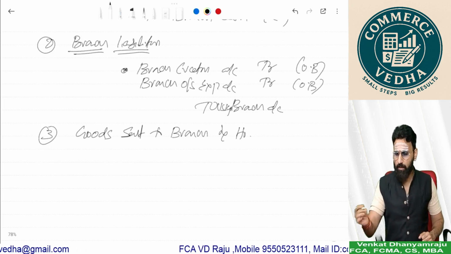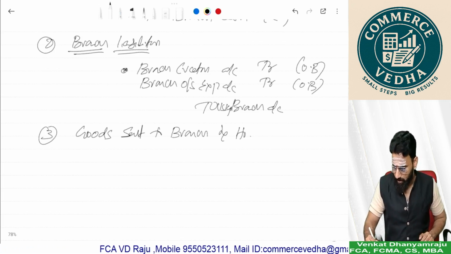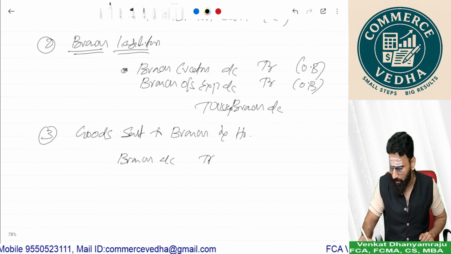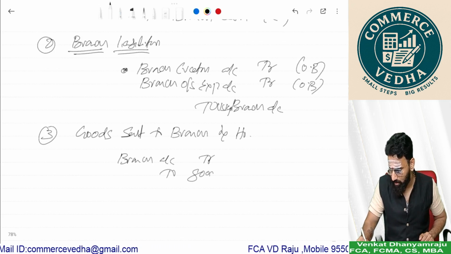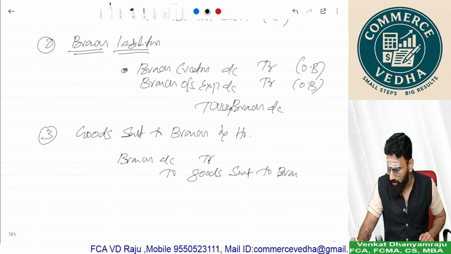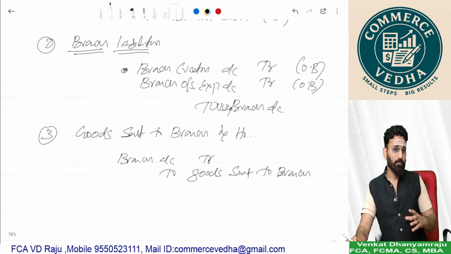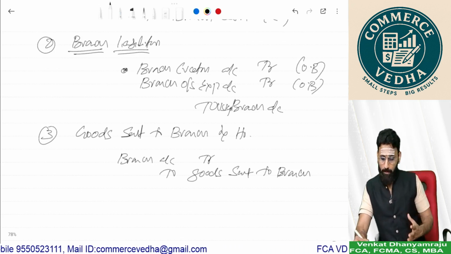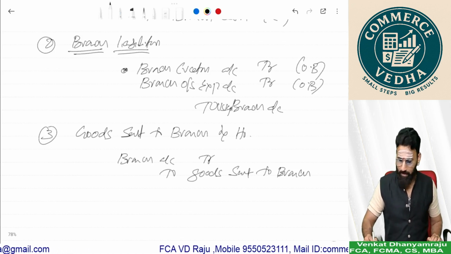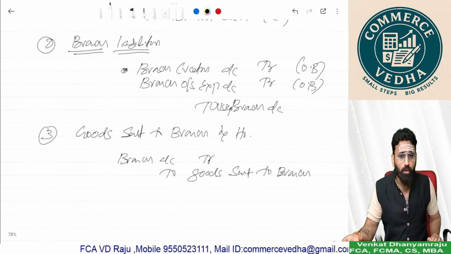Now, while sending to branch, the branch becomes your receiver. Branch account debit to goods sent to branch. Branch becomes your receiver. So debit the receiver and credit what goes out. Debit the receiver is branch. What is going out? Goods.